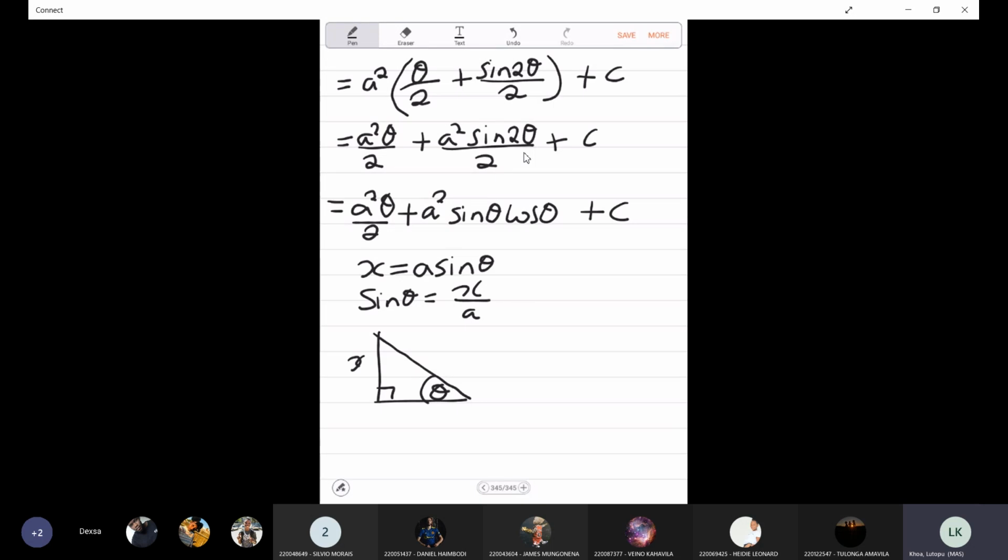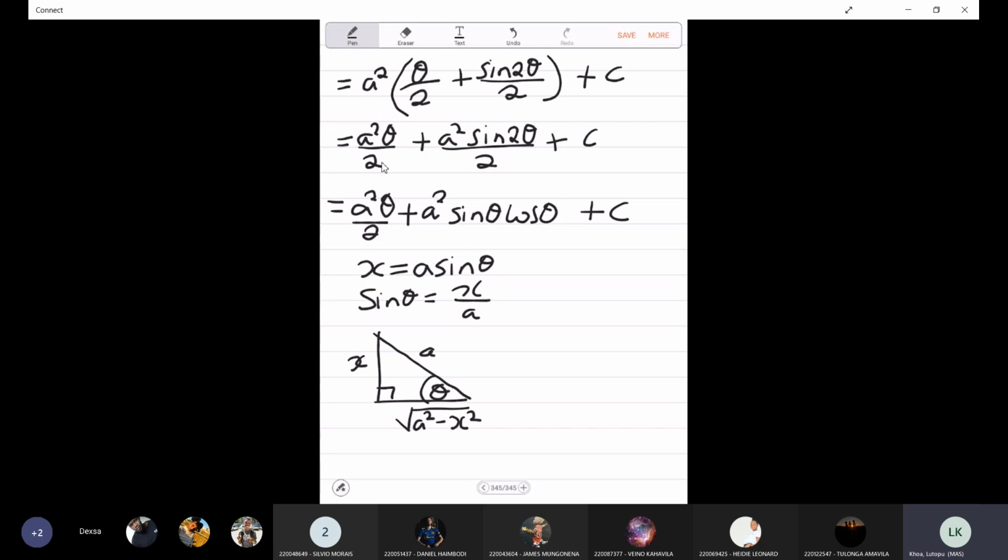So this is the opposite, that is the hypotenuse, and this is the square root of a squared minus x squared. Okay, then we would work out sine theta from our triangle, and well, we have sine theta already. Cos theta is the one we use the triangle to get.